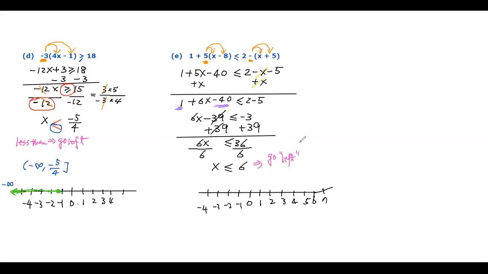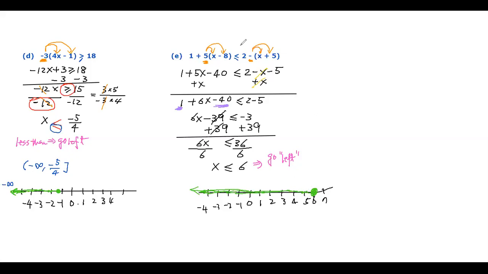I'm going left here. Okay, so let's try to find the 6. 1, 2, 3, 4, 5, 6. So here's 6. But because I have the equal sign, what do I need to do? I need to have a solid dot, right? And it goes left. So here is my solution, go left, right?